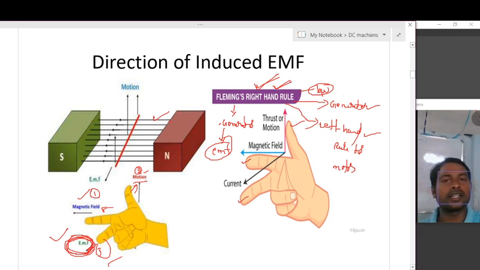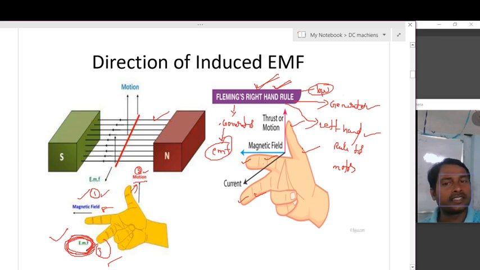According to the right hand rule, we should express it like this. We should keep the thumb, forefinger and middle finger mutually perpendicular to each other. The first one is we should express the magnetic field: the forefinger indicates the magnetic field.